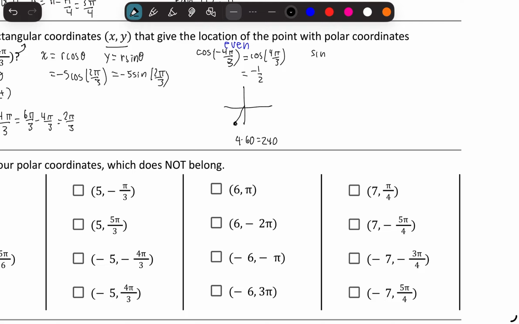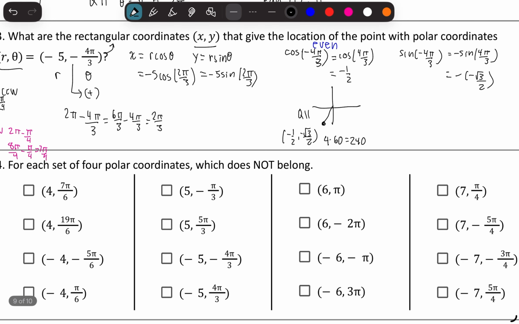Now, sine of -4 pi over 3 is the same thing as negative sine of 4 pi over 3. This is going to be negative √3 over 2. It's still our 4 pi over 3, but we're looking at our y, because it's in Q3. Now, after this, you have to multiply it by r, though.